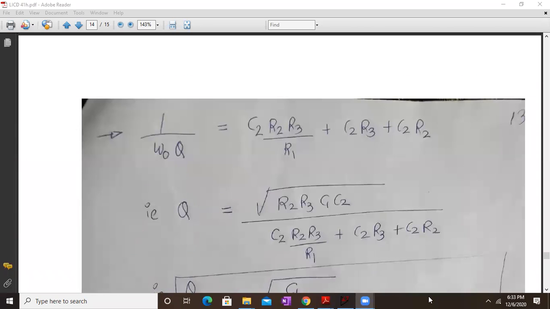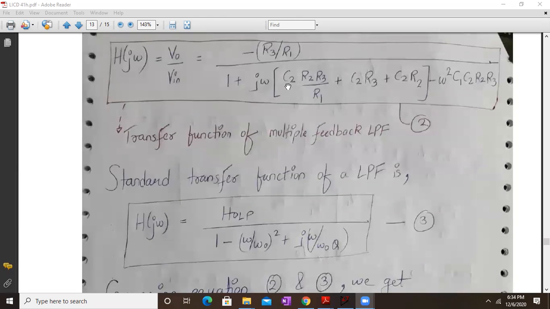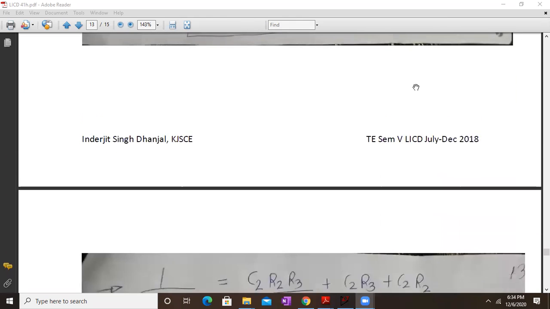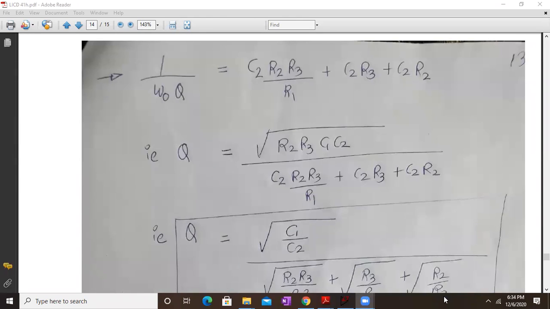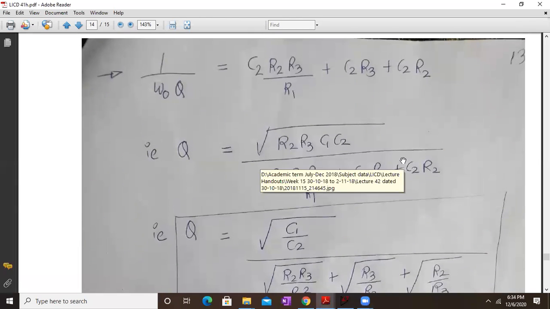And lastly, we can compare 1 upon omega naught Q, which is equal to this entire term as it is. So that is equal to C2 R2 R3 upon R1 plus C2 R3 plus C2 R2. So Q will be given by, we substitute the value of omega naught over here.